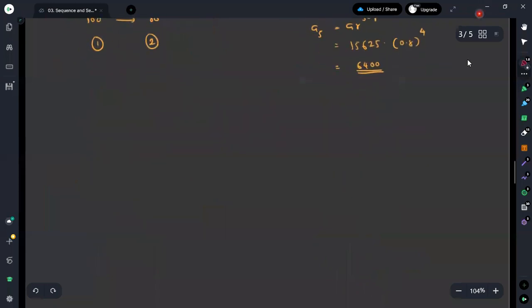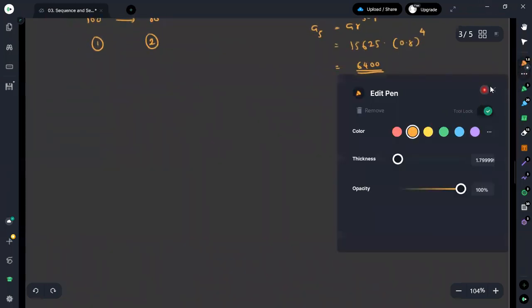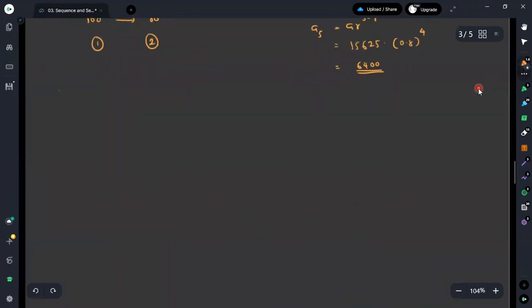Here the example is given as: we are asked to find the summation. The series is given as 2 plus half plus 1 over 8 plus 1 over 32. In this way we have the series, and we are asked to find the summation of the first 10 terms.